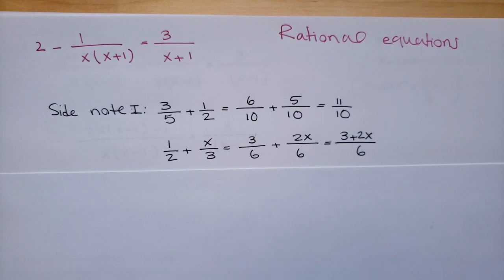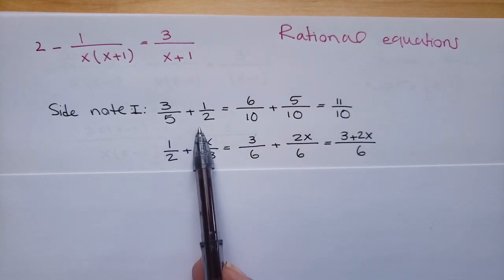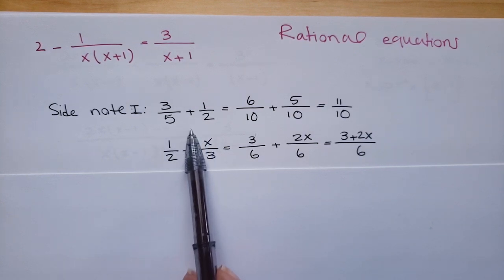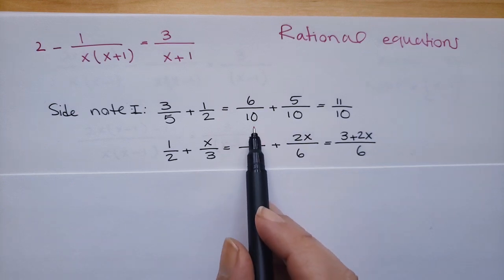Side note one: when it comes to rational equations, it's adding or subtracting fractions which have different denominators. Let me remind you, if we have two fractions with different denominators, we cannot just add them together in one go. First of all, we have to make sure they have the same denominator. We have to find a common denominator.